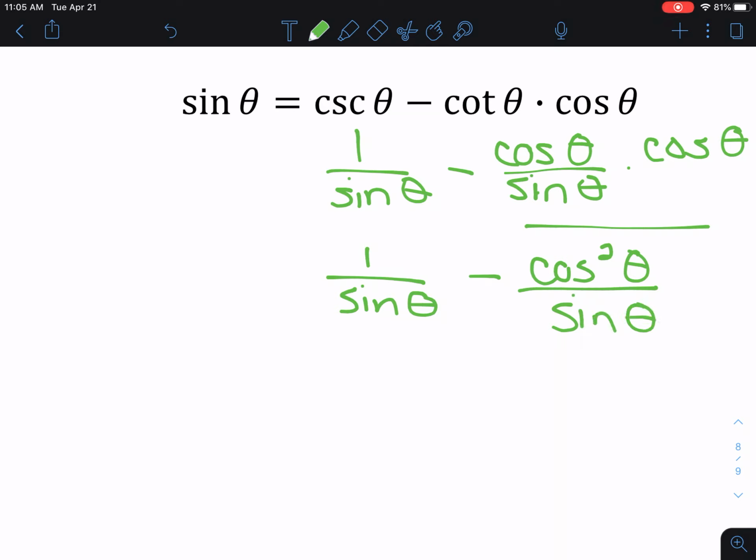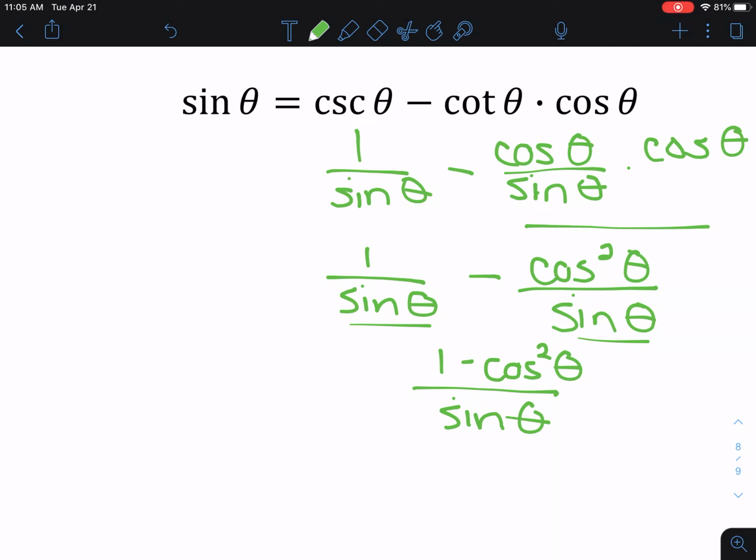Okay, well, right at this point, I don't see a whole lot that I can do, except I notice I'm subtracting two fractions, and they both have a common denominator, which is sine theta. So then that means I can put this together and just write this over sine theta on the bottom. So that means the top then would be 1 minus cosine squared theta.